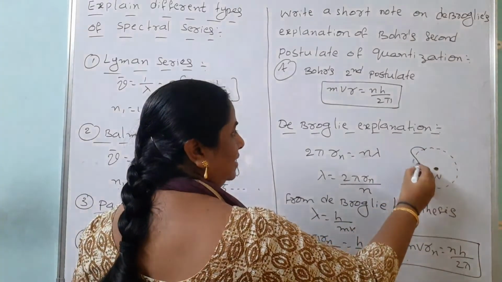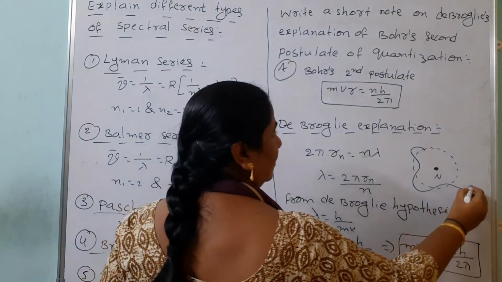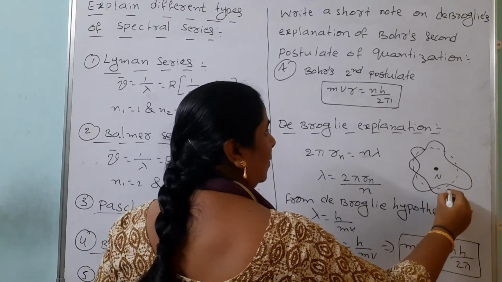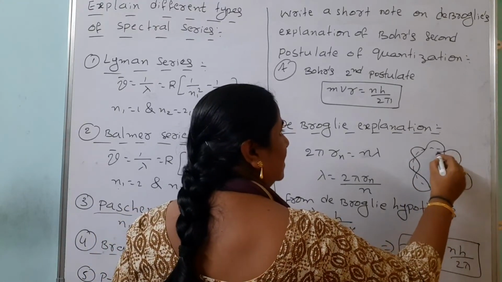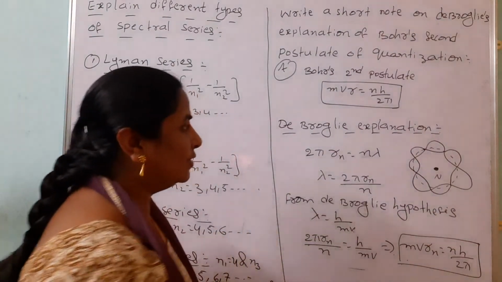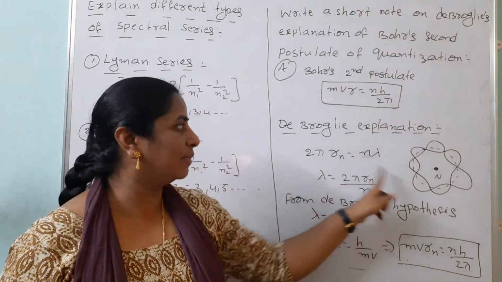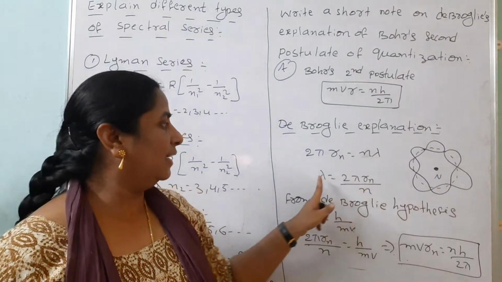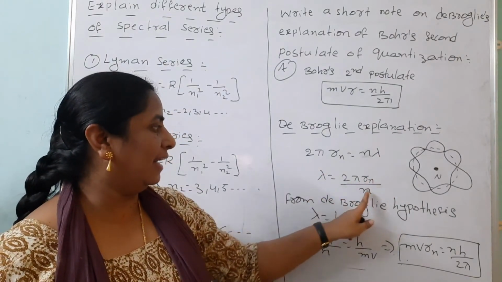It means 2 progressive waves are traveling in opposite directions, forming the stationary wave. So the circumference of this circular motion is 2 pi rn equals n lambda. Then lambda equals 2 pi rn by n.